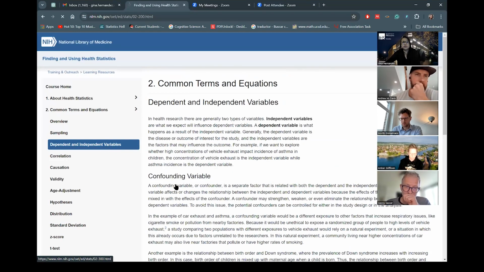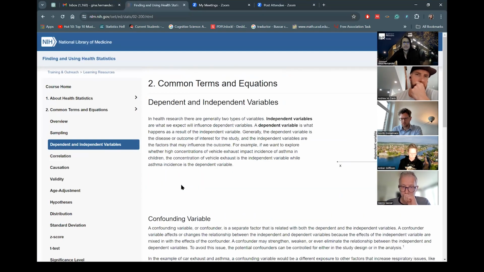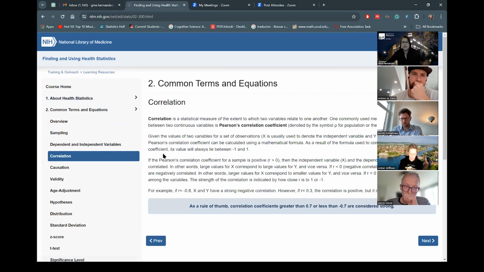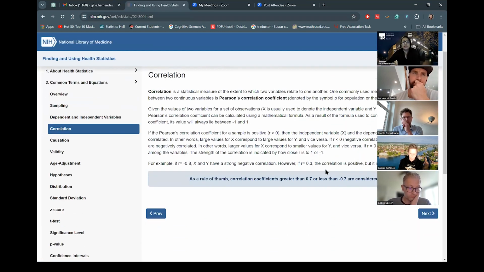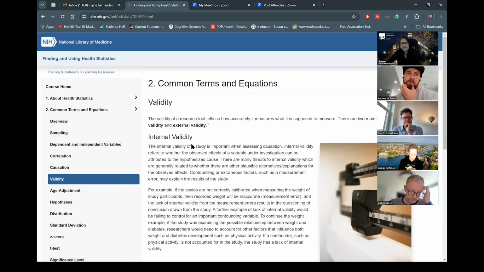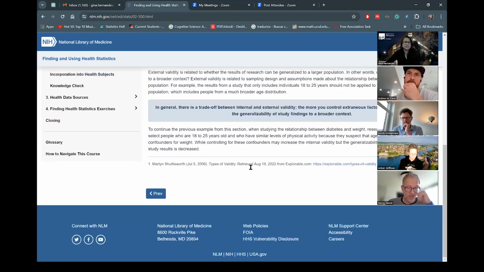They are also talking about what a dependent variable and an independent variable are. They also have an explanation regarding a correlation: what is a correlation, and what kind of tests you can run in order to establish the relationship between two variables. Here they talk about validity, for example, which is our next session: internal validity, external validity.